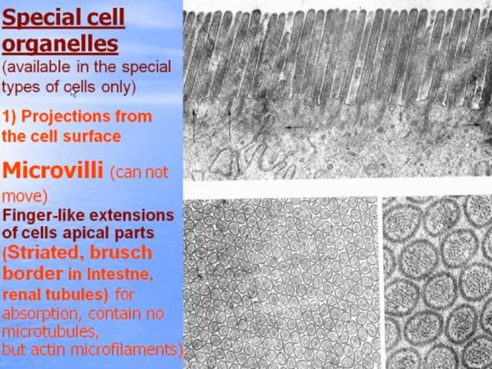Another big group is the special organelles, available in special types of cells only. They may be projections from the cell surface, microvilli, small finger-like extensions of the apical portion of some epithelial cells, for example, of the intestine or kidney.